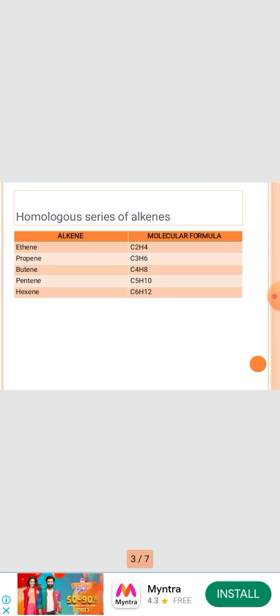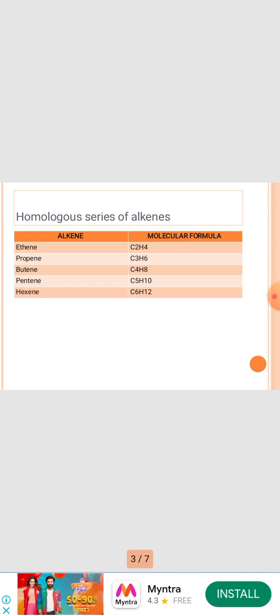One more aspect about homologous series is that they have similar chemical properties, but physical properties will differ because each successive member differs by a molecular mass of 14 grams.